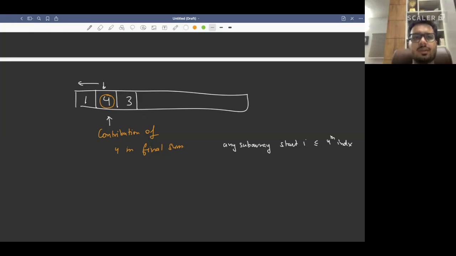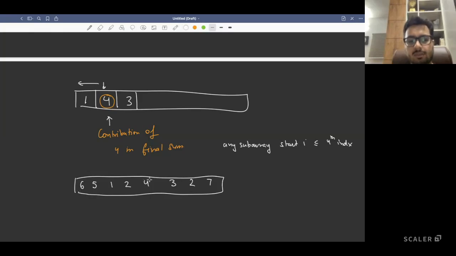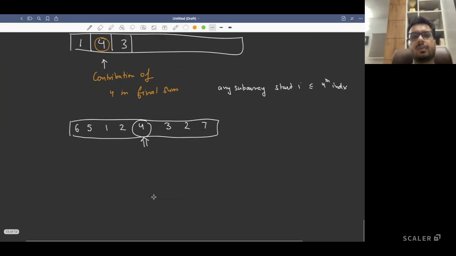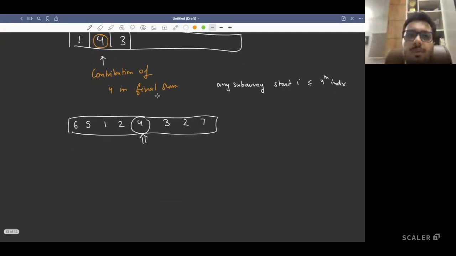But is that true? Let me put it like this. Let's say 6, 5, 1, 2, 4, 3, and maybe 2, 7. So if I talk about this array, and I'm talking about this index 4, in what subarrays will 4 be the maximum element? Let me put it like this.